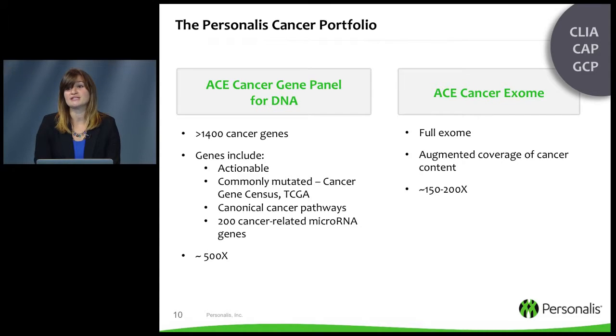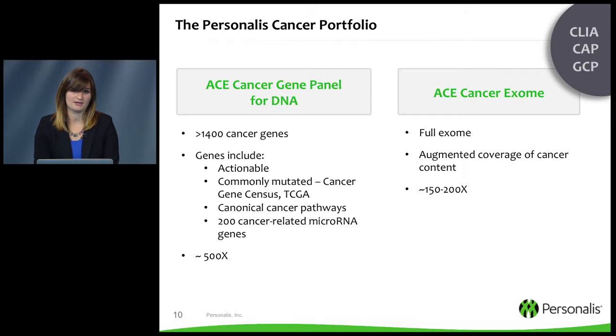We also target genes that play a role in canonical pathways of cancer, as well as over 200 cancer-related microRNA genes. Now, this large target region is then sequenced to an average of about 500x coverage for high-depth accuracy. Now, our ACE cancer exome, as I've discussed, is a full standard exome with the augmented coverage of cancer content per our ACE technology. The exome is typically sequenced to 150 to 200x depth and is a great resource for large discovery applications.